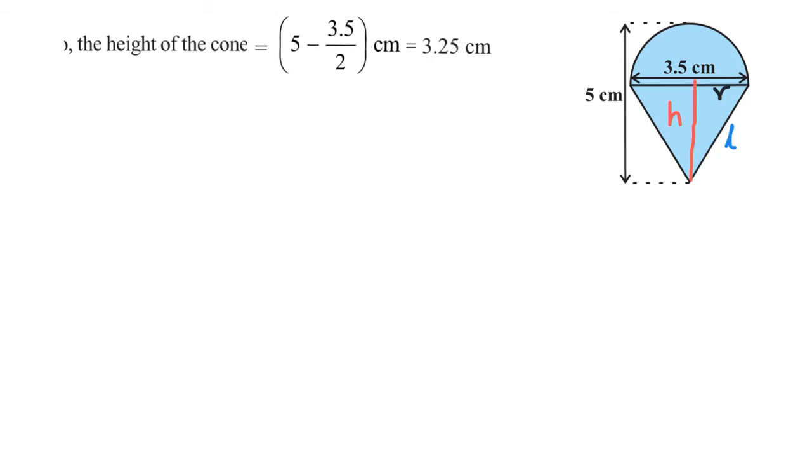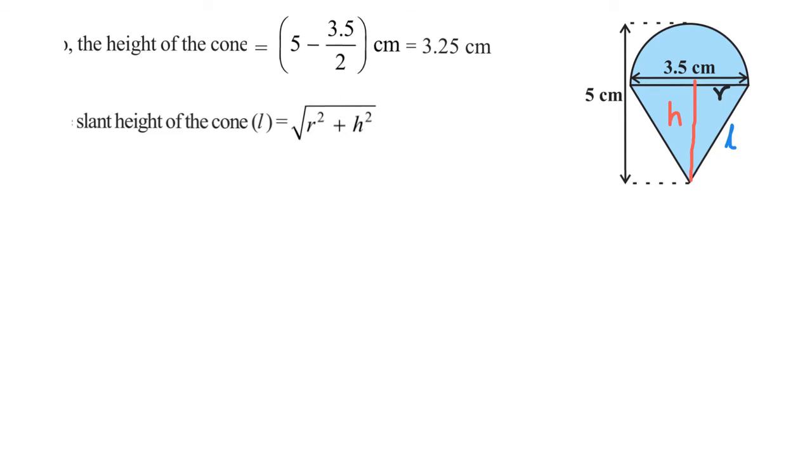If we have to find the slant height of the cone, we can use Pythagoras theorem. L happens to be the hypotenuse. So, the slant height of the cone is going to be the square root of r squared plus h squared.